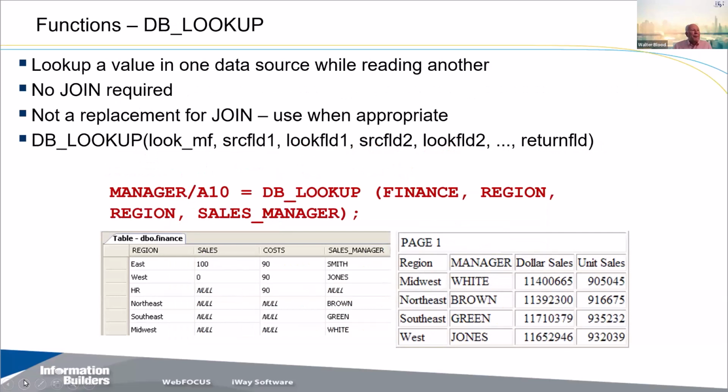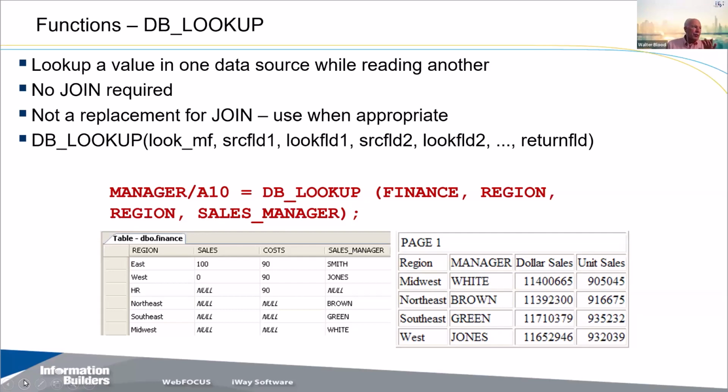DBLOOKUP. DBLOOKUP and PUTDDREC both allow us to do something we typically do not do in Dialog Manager or in the product. They allow us to play with a second file at the same time. I'm going to look up a value in another data source while I'm working with my current data source, using DBLOOKUP.